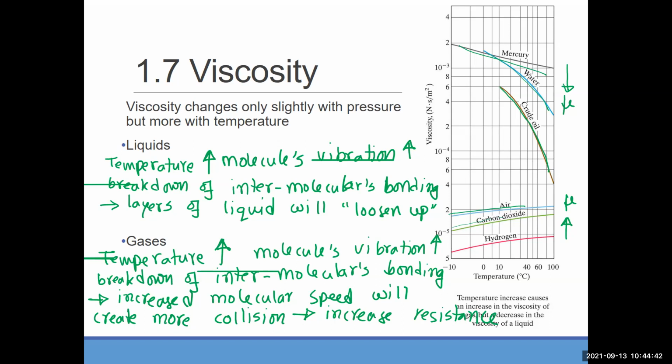You got that idea? A little bit? And for liquid, the viscosity will get what? It will be lower with increasing temperature. Good. So it's just a little bit different characteristics for gas and liquid.